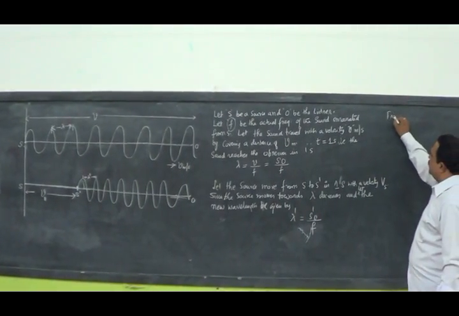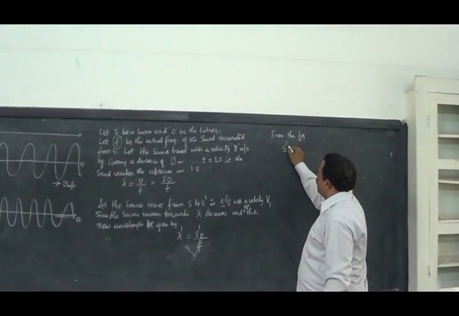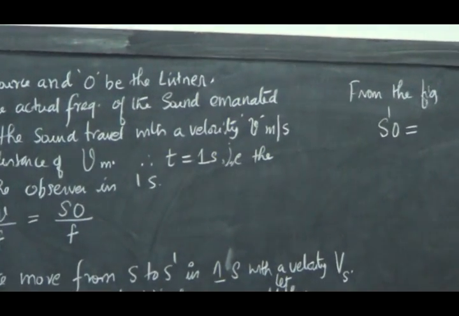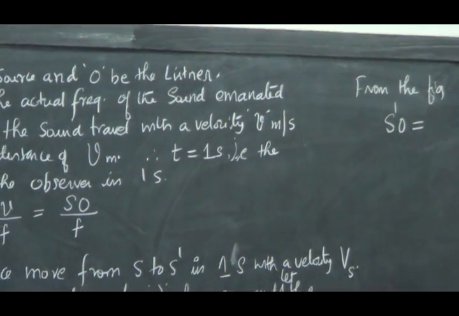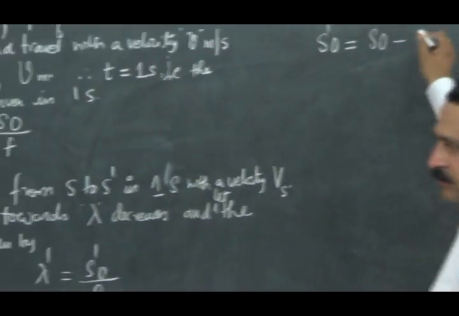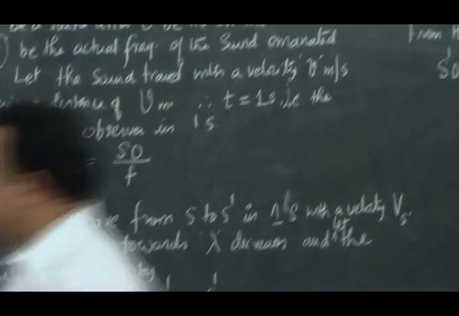From the figure, if you geometrically observe, S dash O is SO minus SS dash. Can you see that?